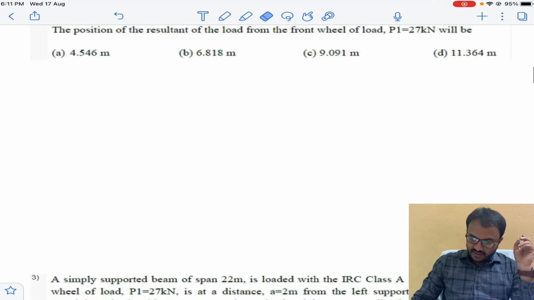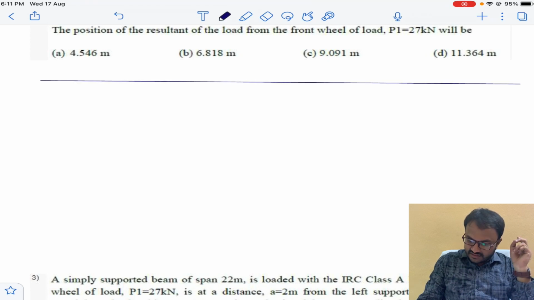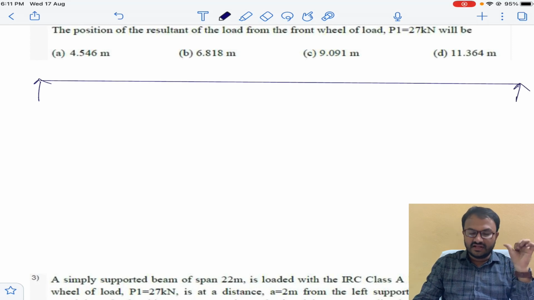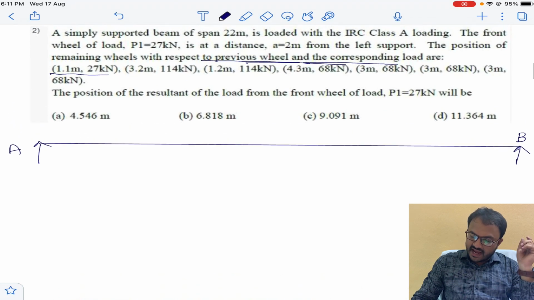First of all, he has given a simply supported beam. This diagram is the most important one. If you are able to understand this diagram, the entire problem is very easy. So this is A and this is B. The total span of the beam is 22 meters. Clear?